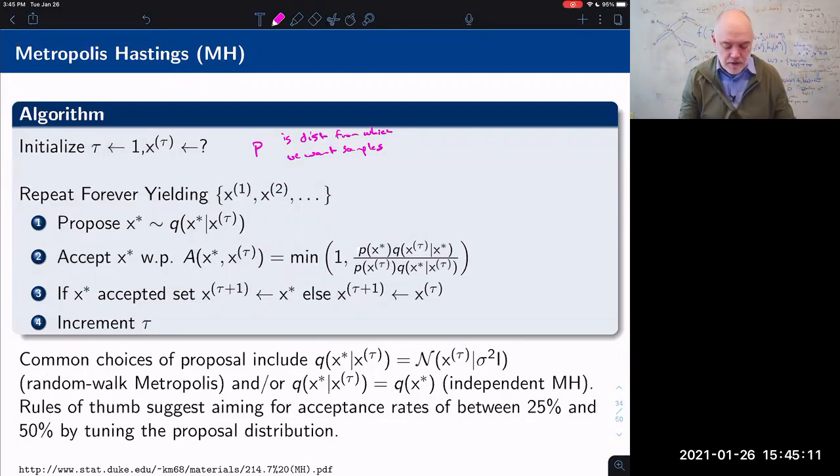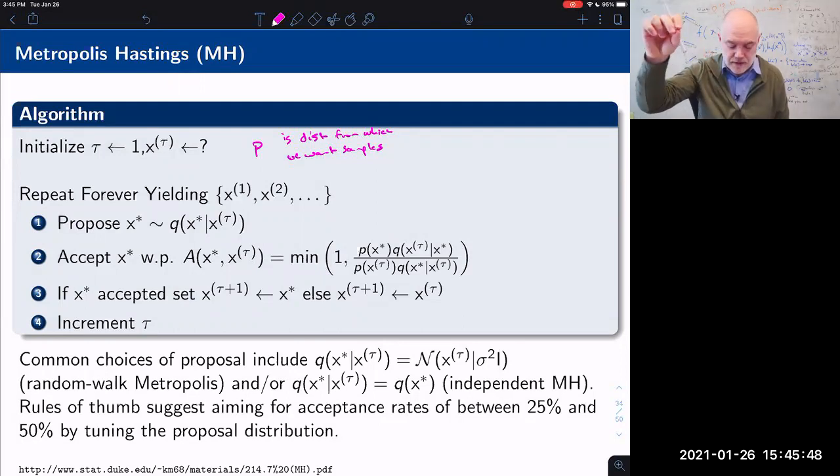And then you either set X_{t+1} to be the value of X_t, or you set it to be X star. Sorry, I guess that's line 3. You accept, quote unquote, accept X star with some probability called A, which basically looks at X star and X_t and computes an interesting value. It's the minimum of 1 and the ratio of P of X star to P of X_t.